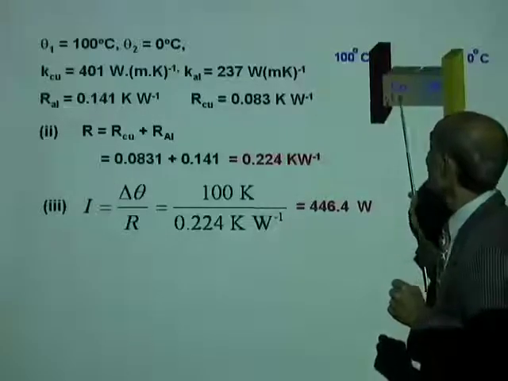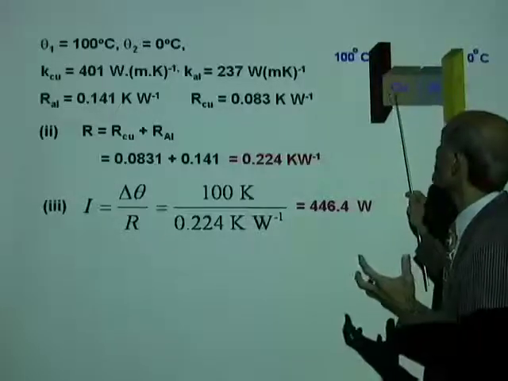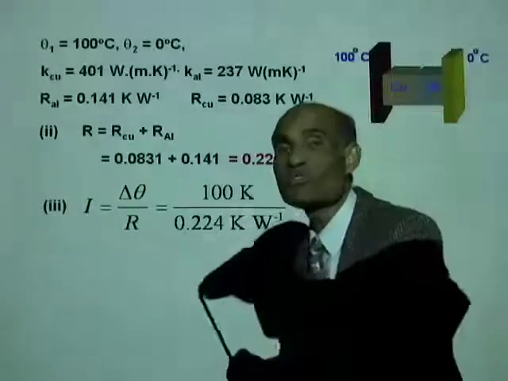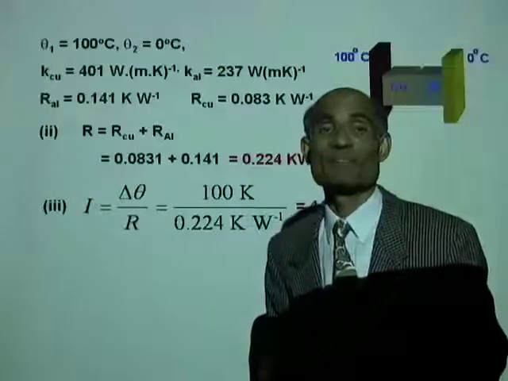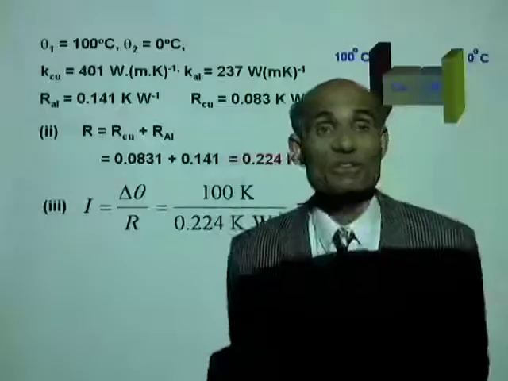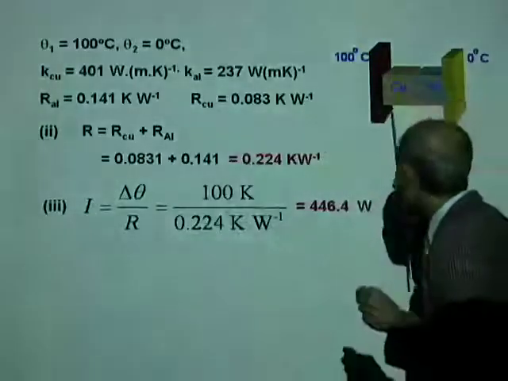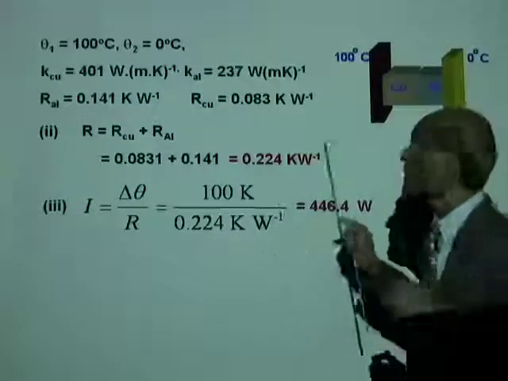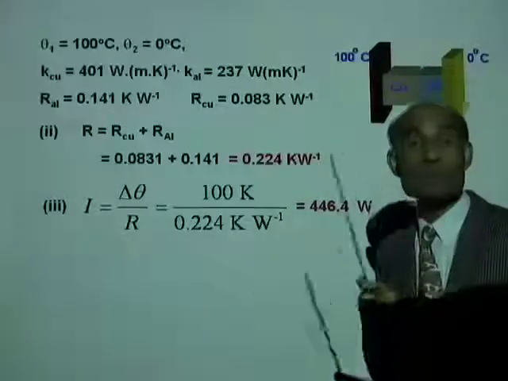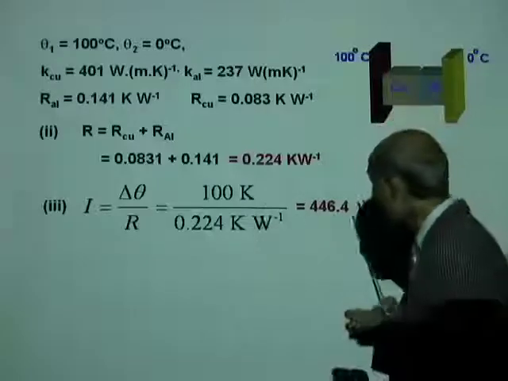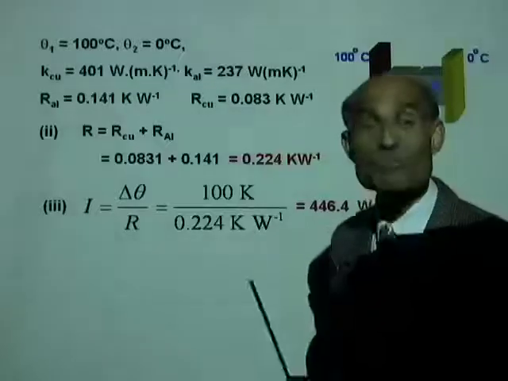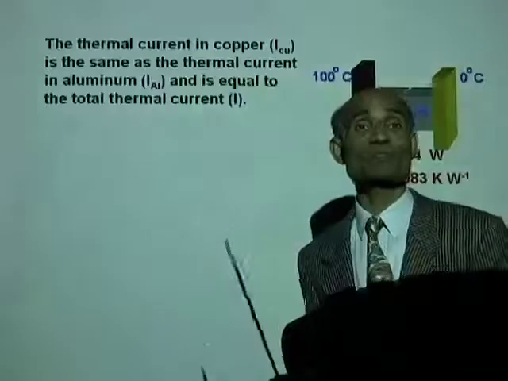When heat flows from copper to aluminum, will the flow of current be different? What do you think? Well, the flow of current cannot be different. The rate of flow has to be the same. That means the thermal current in copper and the thermal current in aluminum are the same, namely this 446.4 watt. That is very important in doing the next part of our problem.